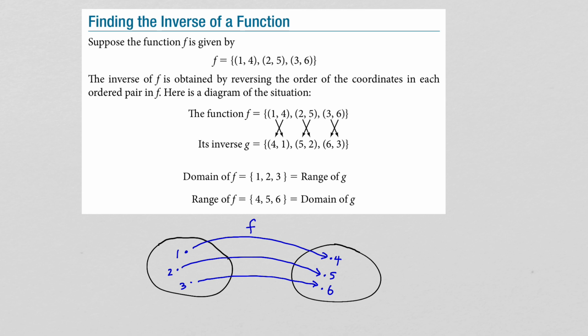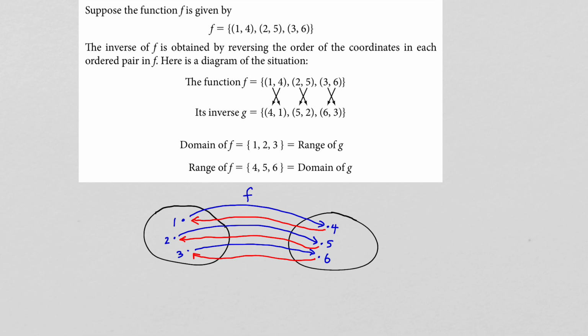So what's happening here is the inverse is the function that takes the number that you got and sends it back to where it came from. So the number 5 goes back to the number 2, the number 6 goes back to the number 3, etc. This is what the inverse function is doing.